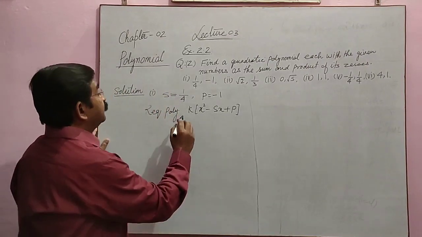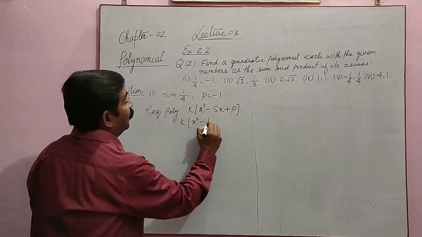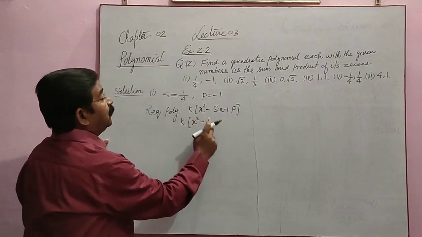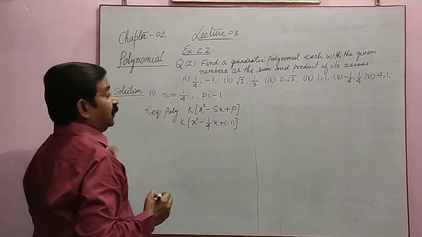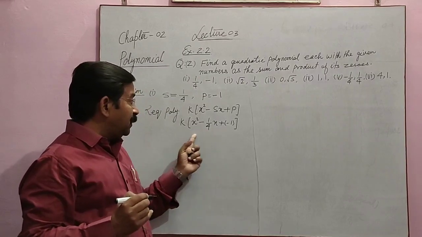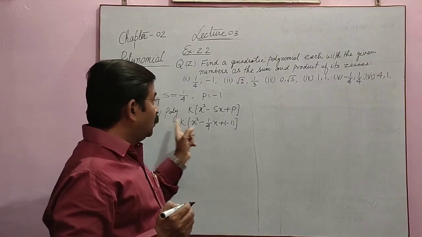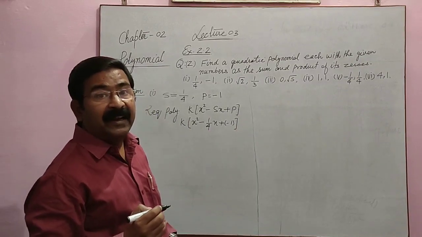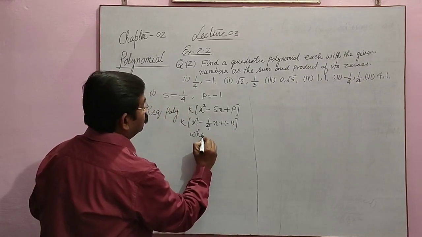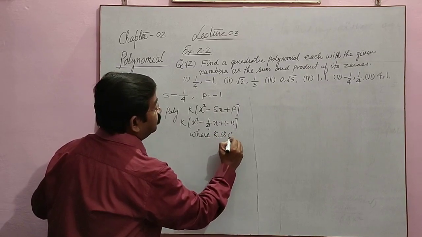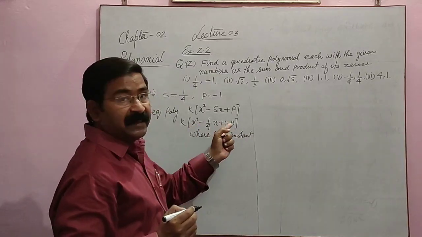Let's see how to solve. K times of x square minus 1 upon 4, in plus of sum of zeros, into x plus minus 1. Now, what is LCM in the bracket? LCM is 4. Means we have to multiply the whole polynomial by 4 and we can remove k. We can write here, where k is constant and is equal to the LCM of the bracket.